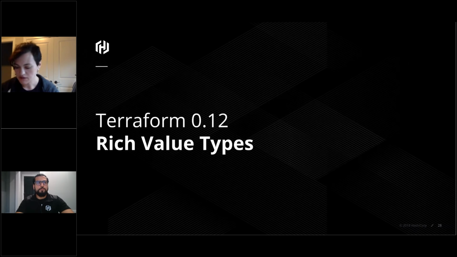Okay, so that's first class expressions. Now I want to take a look at our rich value types, which I think is probably one of the most exciting features, definitely has the most value for module writers and people who have large, complicated code bases.